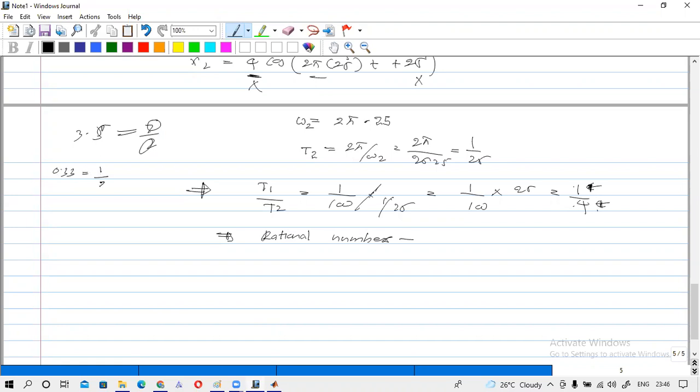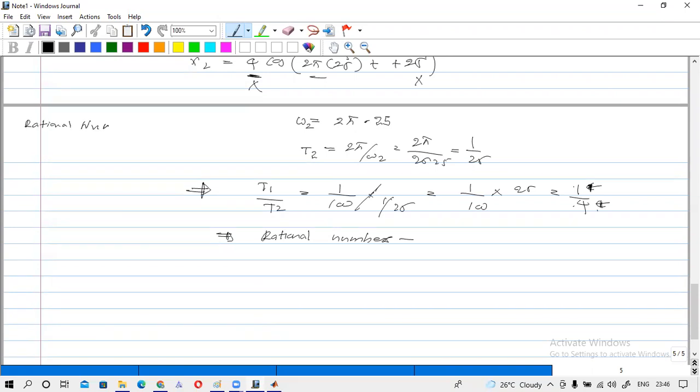We can write it as 1 by 3, but it is not exactly 1 by 3, it is approximately equal. So this number we can't write as a ratio, so it is also an irrational number. I hope you have got an idea what a rational number is.